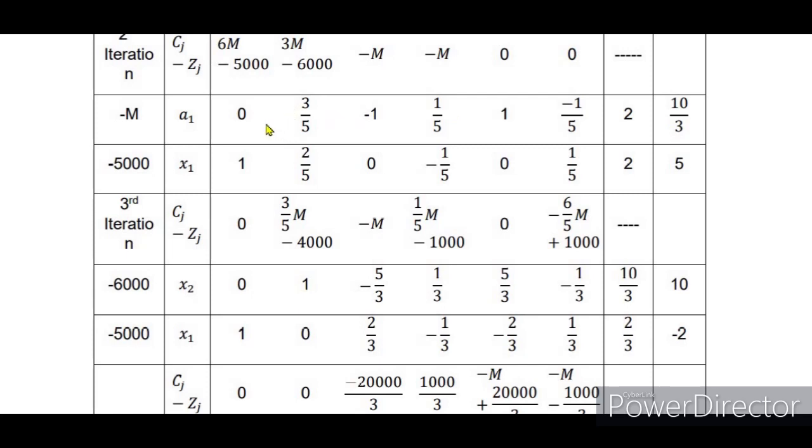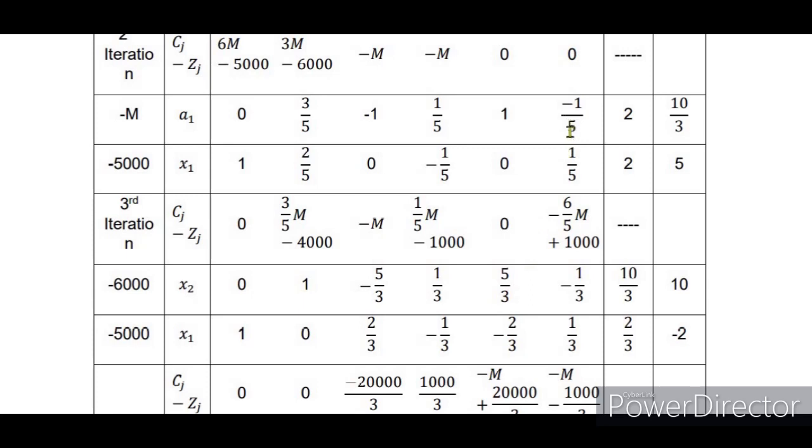So to rewrite it, we divide 0 divided by 3/5 is equal to 0. 3/5 divided by 3/5 is equal to 1. Negative 1 divided by 3/5 is equal to negative 5/3. 1/5 divided by 3/5 is equal to 1/3. 1 divided by 3/5 is equal to 5/3.